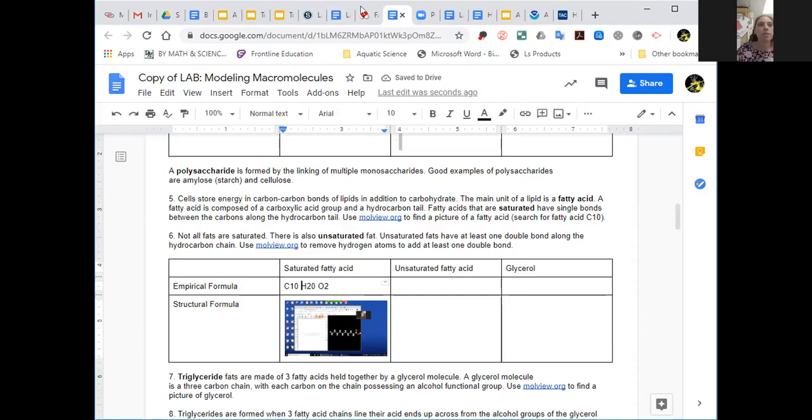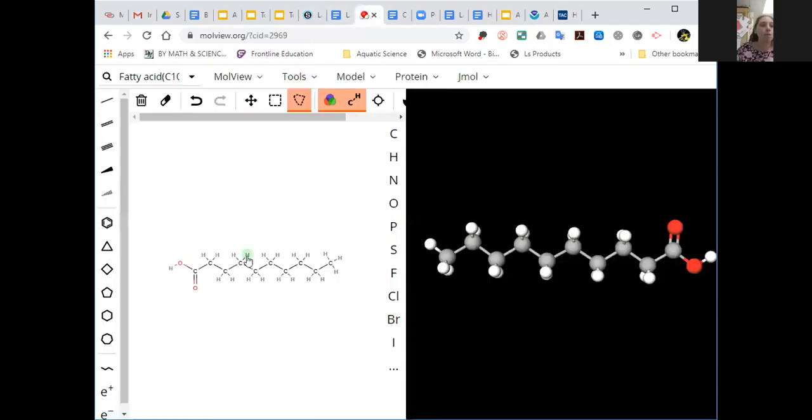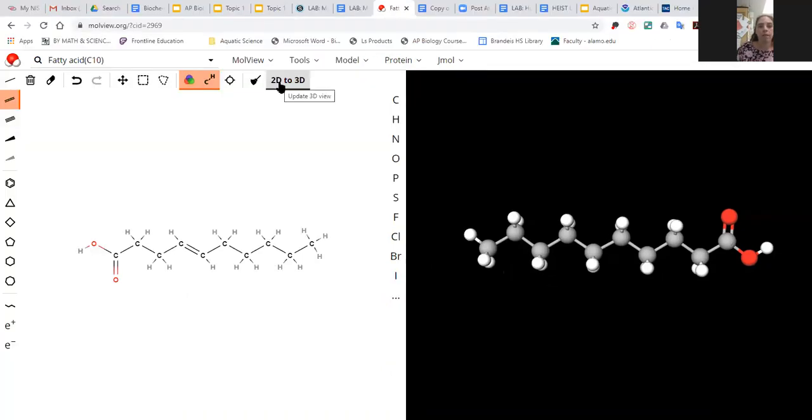For the unsaturated fatty acid, we're actually going to make one of those. We are going to do that by deleting a hydrogen from 2 neighboring molecules. And then we're going to change one of these bonds to a double bond. Here it is. We're going to click this 2D to 3D.